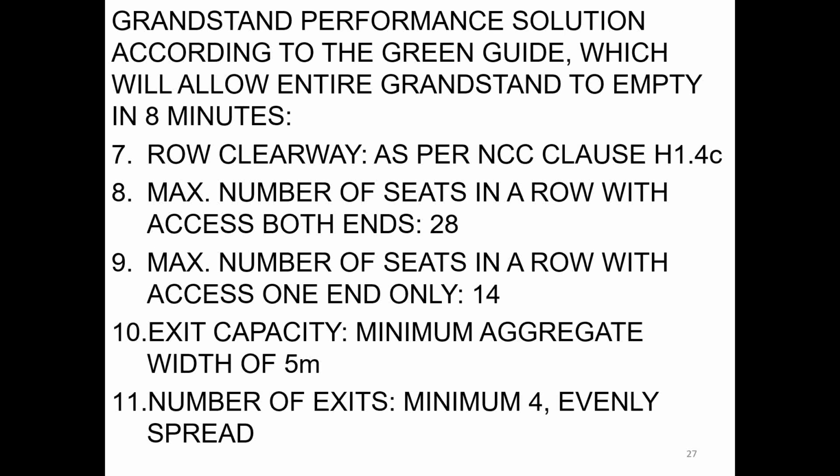For the purposes of assignment 2, please provide 4 exits minimum, evenly spread around the grandstand for draining or exiting people. And so you can see that if we have 5 meters minimum width and 4 minimum exits, that means that each of those exits have to be 1.25 meters wide. Again, this is a minimum. If you can provide more, I'm happy for you to do so.